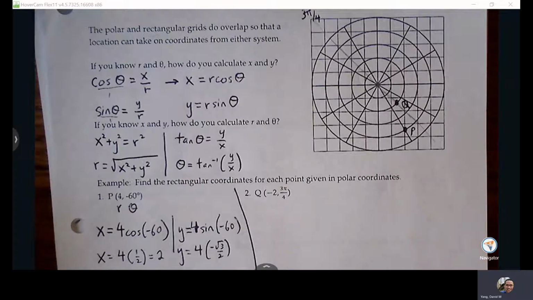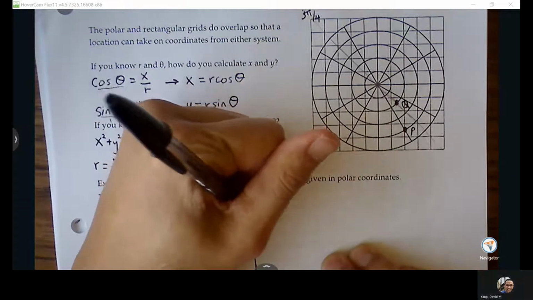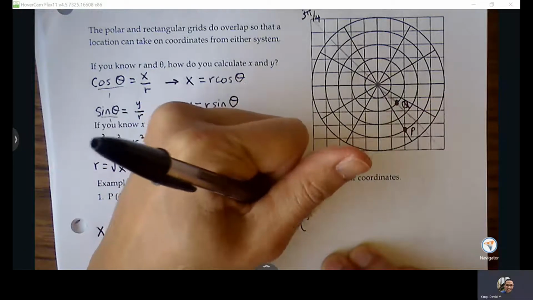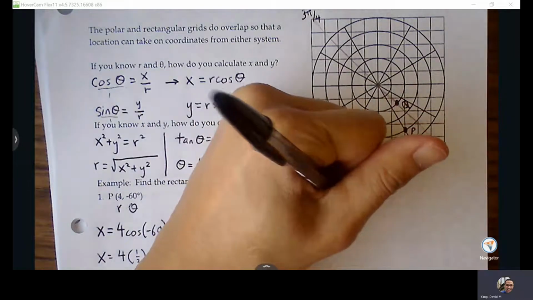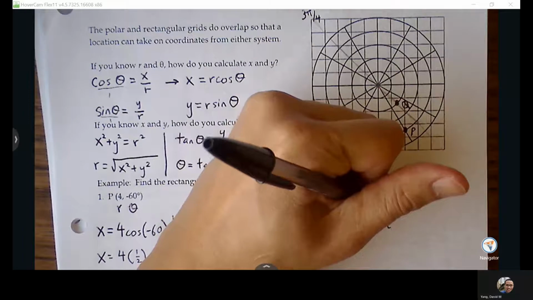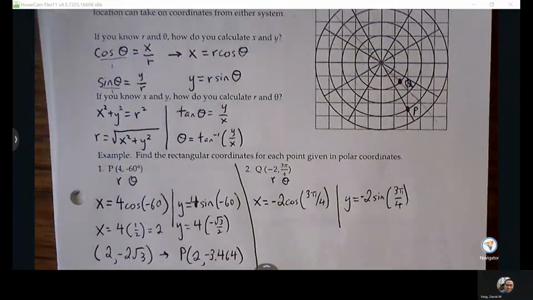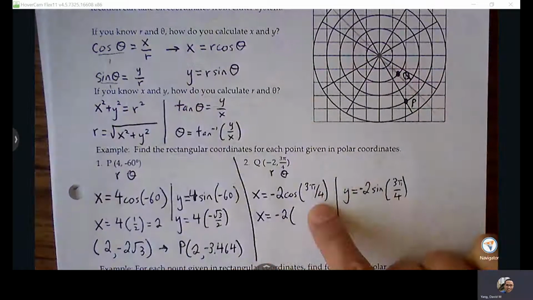Okay, let's convert this to rectangular form. Unit circle value, cosine in the second quadrant is negative.